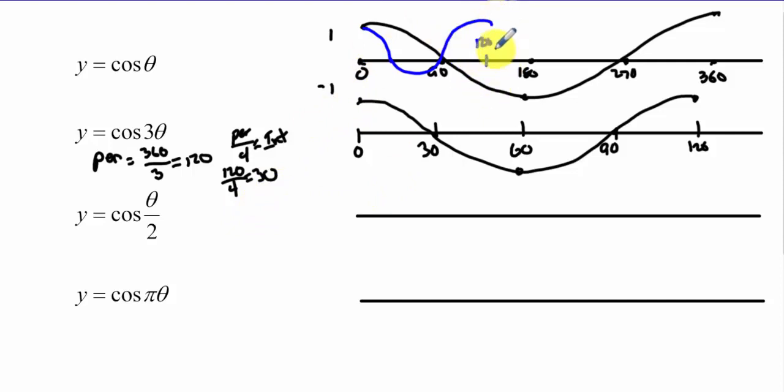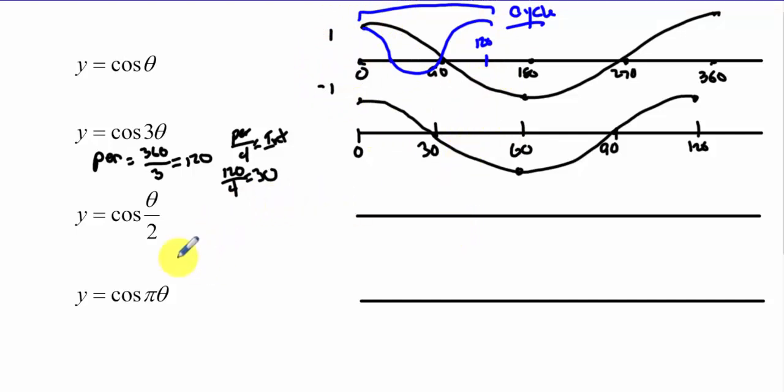So I'll have 3 periods of the graph within 360. This part of the graph right here, it takes 120 to happen, but this is what we call a cycle of the graph. A cycle is just a snapshot of one period and what it looks like.